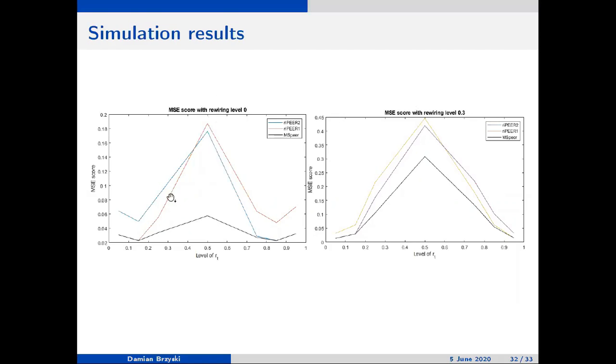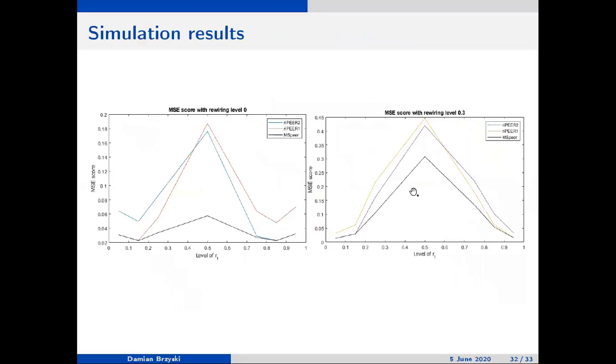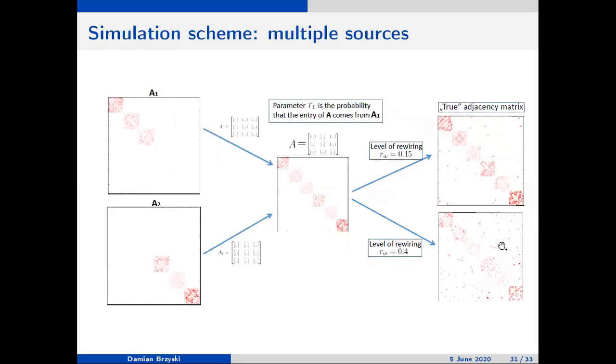So the situation from the left represents actually the middle matrix here, the perfect block diagonal without any rewired edges. And this matrix on the right represents some rewiring level.